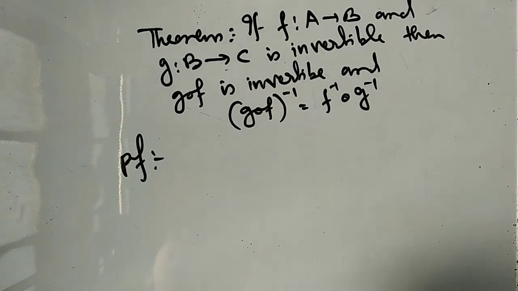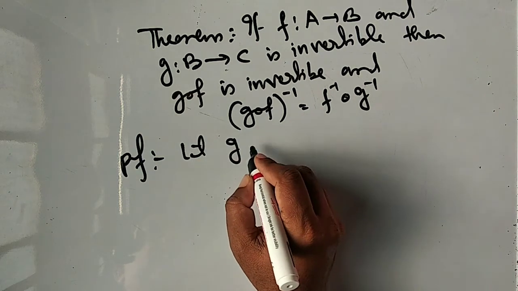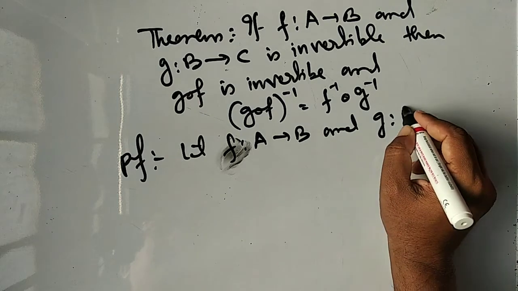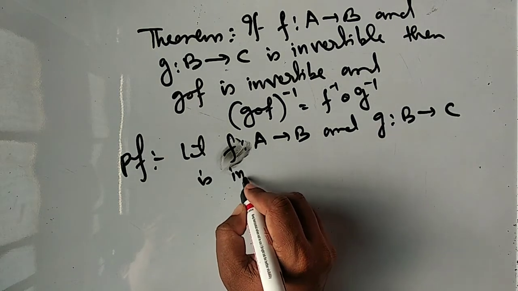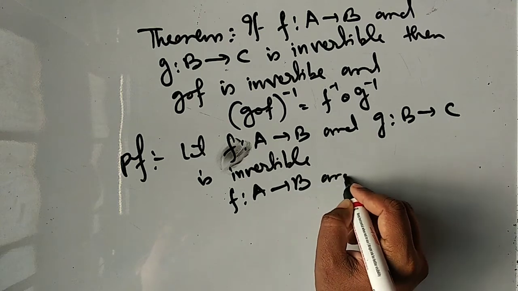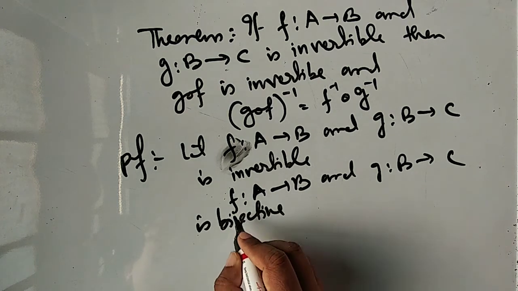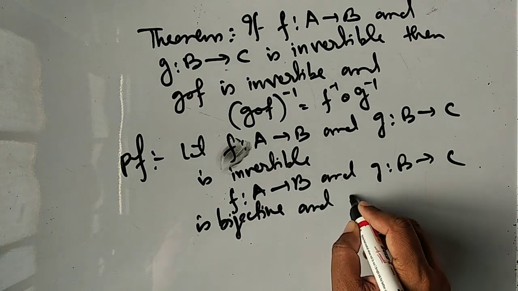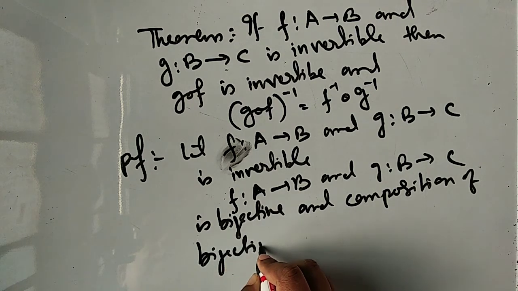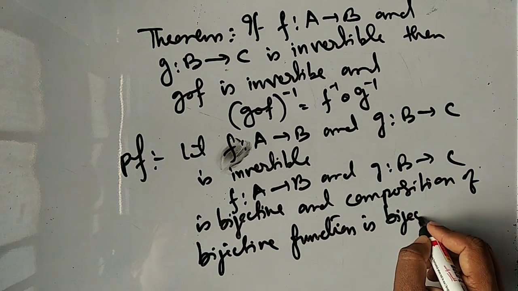Okay, so the first part I don't even need to write, let me tell you why not. Let f from A to B and g from B to C be invertible. So by our last theorem, f from A to B and g from B to C are bijective. Now the composition of bijective functions is bijective.